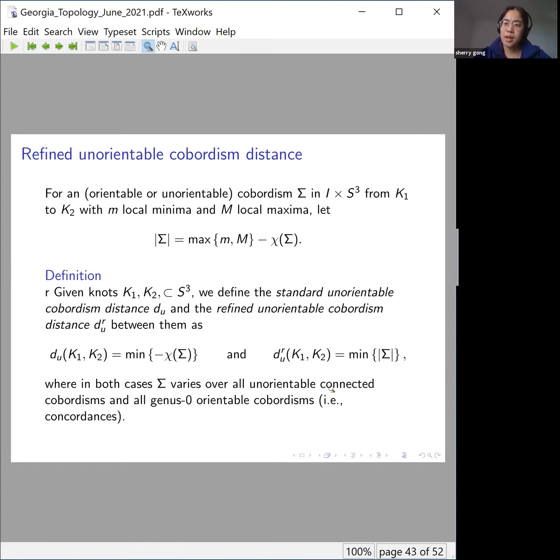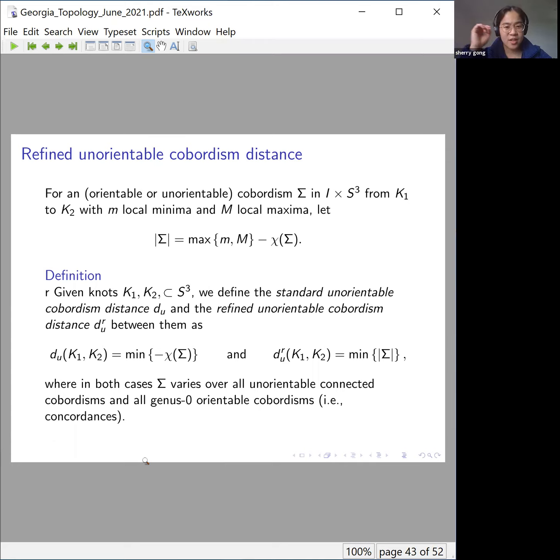I'm thinking about the relationship between how much topology is between two things and how many crossing changes you need to do to get from one knot to another. I think there should be a bound in one direction. These crossing changes all involve topology, right?